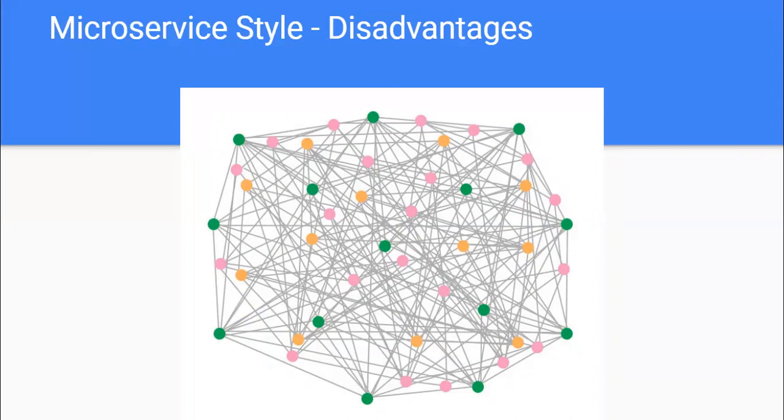So what are the disadvantages that this architecture style has? The first disadvantage is complexity. Deploying microservices can be a little complex, requiring coordination among multiple services, which may not be as straightforward as deploying a monolithic service. Because it's very easy to deploy a monolithic service since it's a single service.